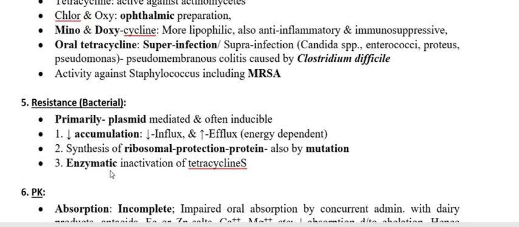The third and last mechanism is that the resistant bacteria synthesize an enzyme, and this enzyme disrupts the structure of the tetracycline.